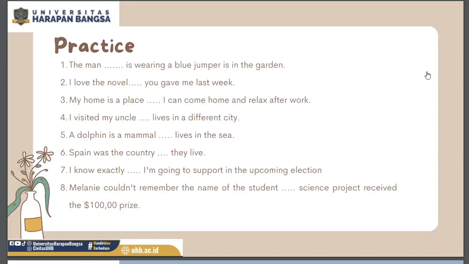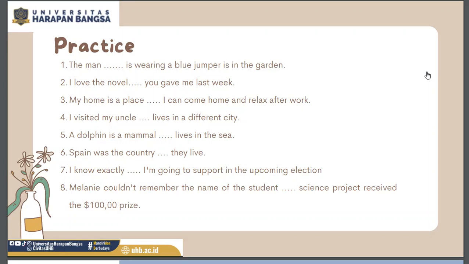Okay, so let's go for practice. For example, number 1: the man blank is wearing a blue jumper, is in the garden. I love the novel blank you gave me last week.